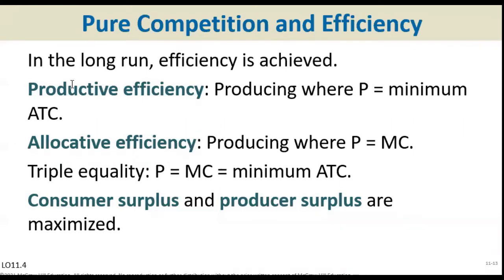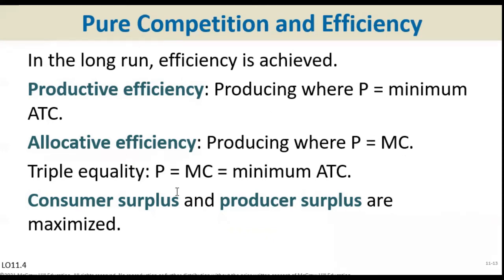So when you realize the above efficiency, you see that you get this triple equality, right? The first one being P, price equal to minimum average total cost, which is for productive efficiency. And the allocative efficiency is where it's producing where the price is equal to the marginal cost.